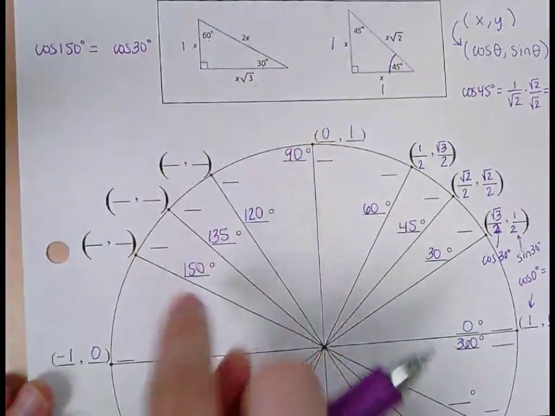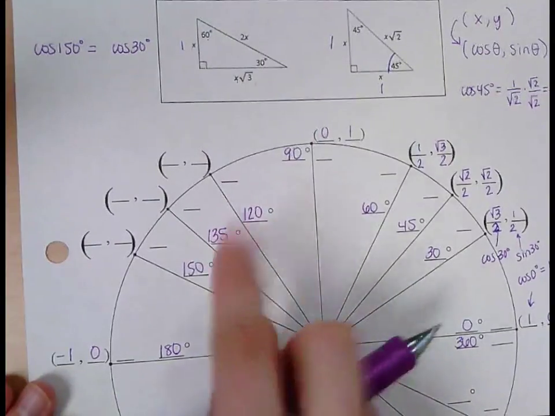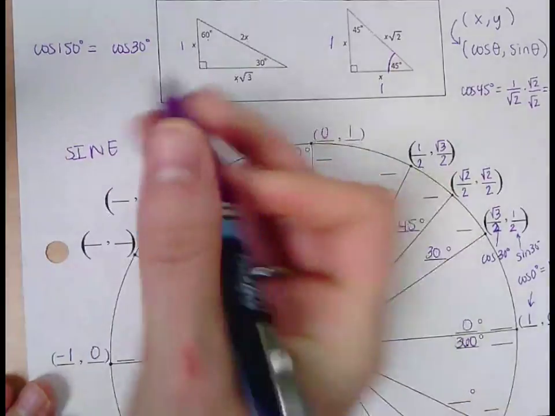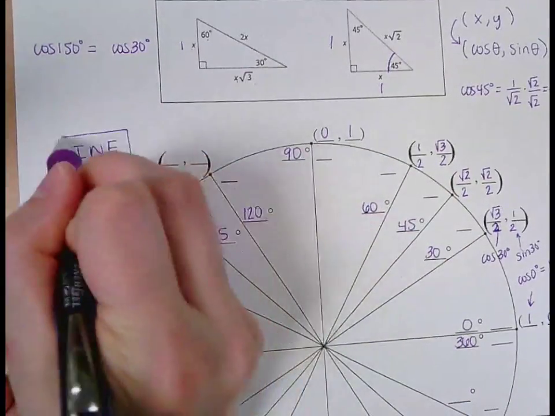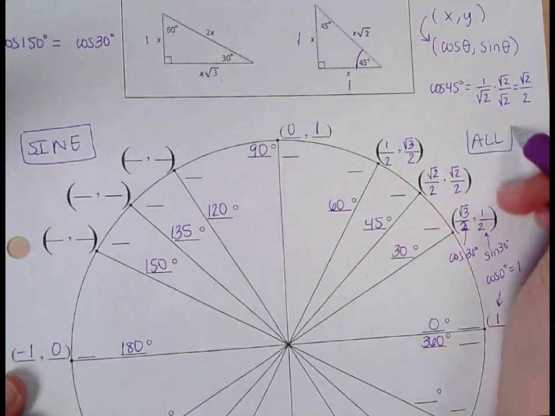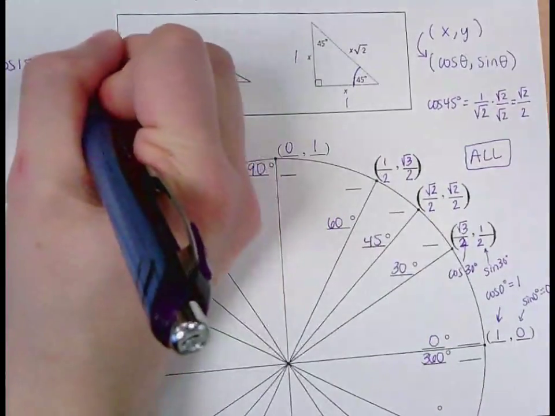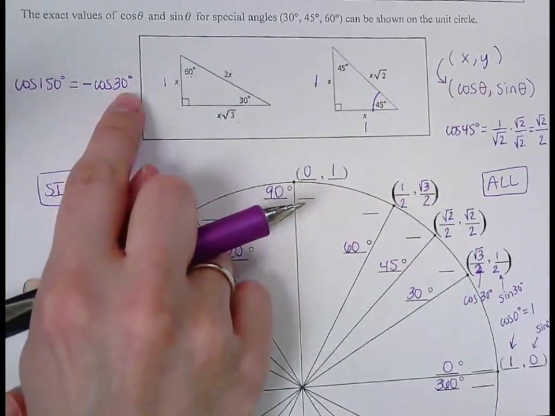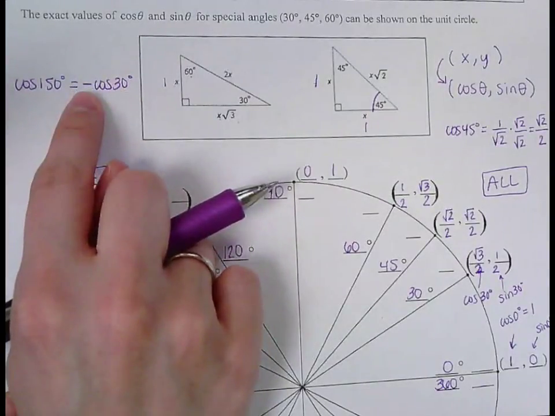Negative. What's positive in quadrant 2? Sine. I'm just going to make a note, in quadrant 2, sine is positive. I could have also put quadrant 1. We didn't have to worry about it since all of them are positive in quadrant 1. So I'm going to just stick a negative sign here because cosine of 150 will be cosine of 30, but it's going to be negative.